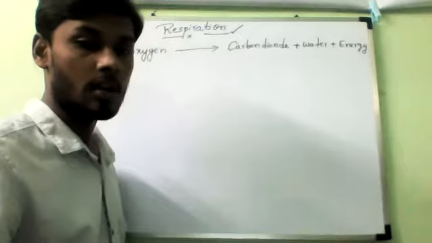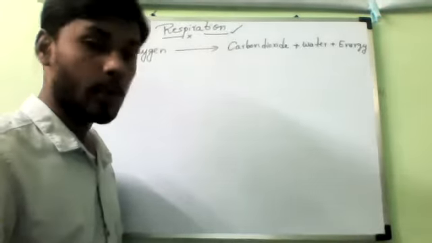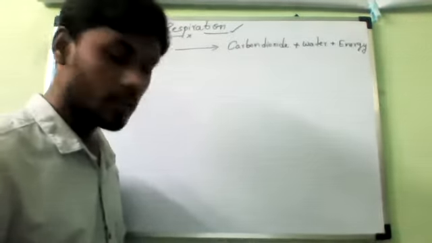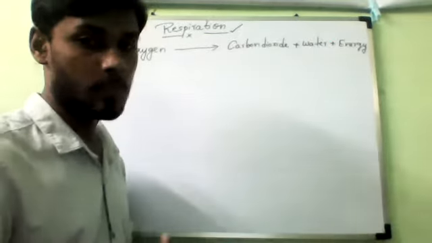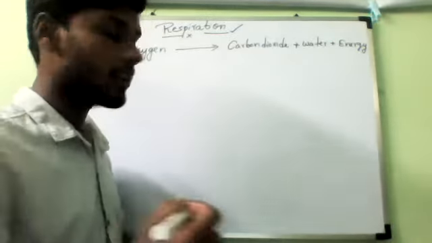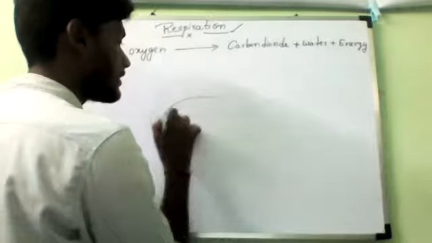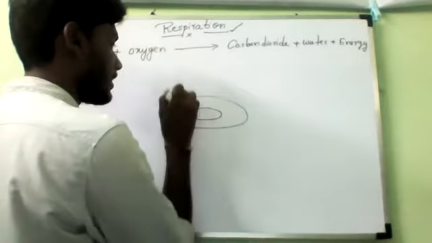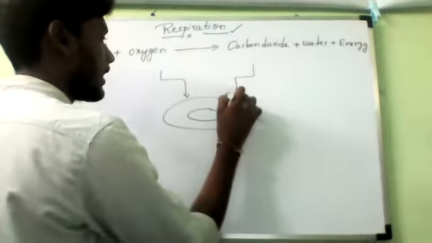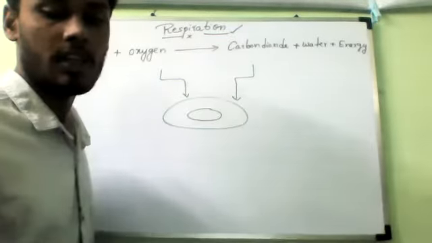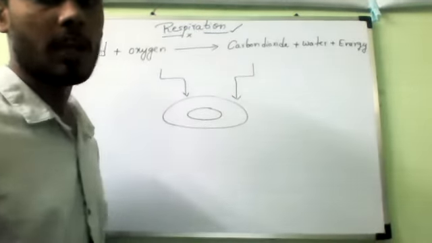Today we will continue from here. As we know, the process of respiration, which releases energy, takes place inside the cells of the body. If we consider the cell, as we discussed yesterday, one input is assimilated food from the body, and one is oxygen from air.